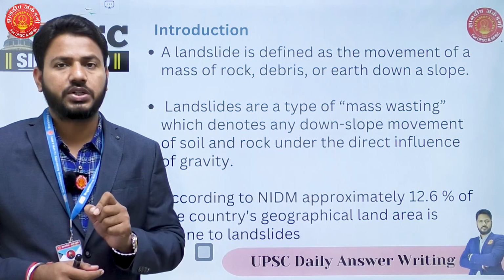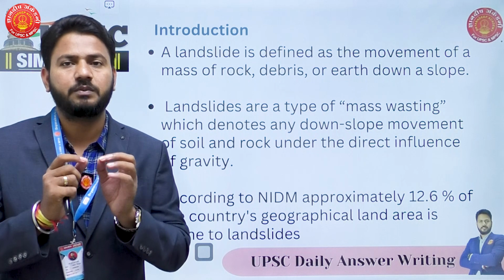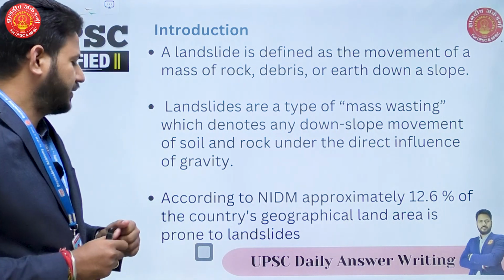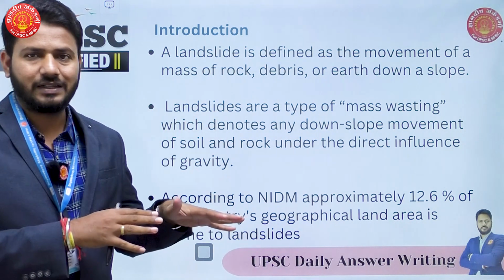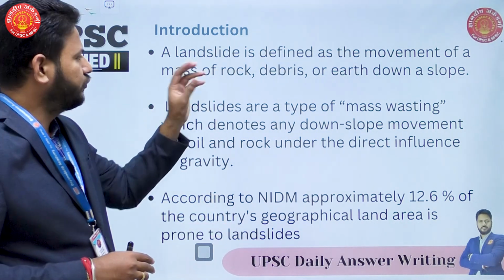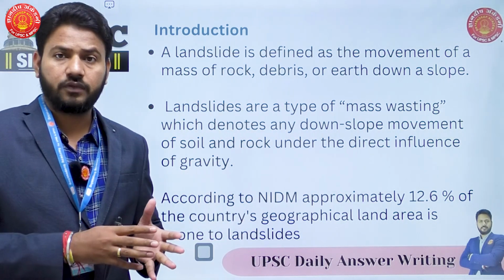Now, when you have a question on disaster management, I want you to be very specific about some disasters. For example, let's see landslides. Now, first define landslides. What is landslide? So, landslide is defined as the movement of mass of rock, debris or earth down a slope. Now, this is a geographic definition.